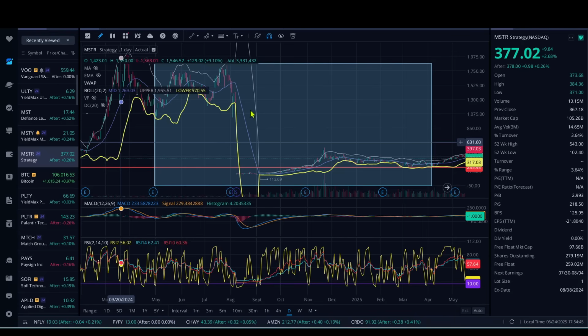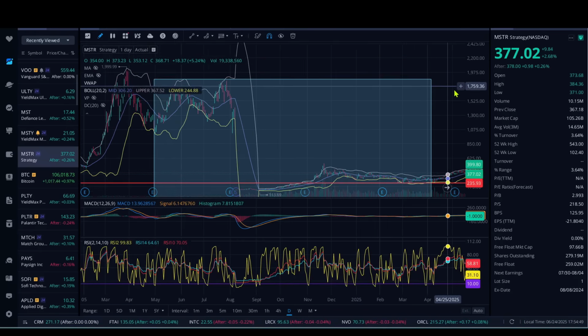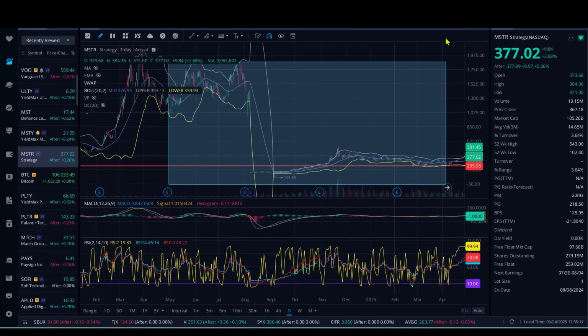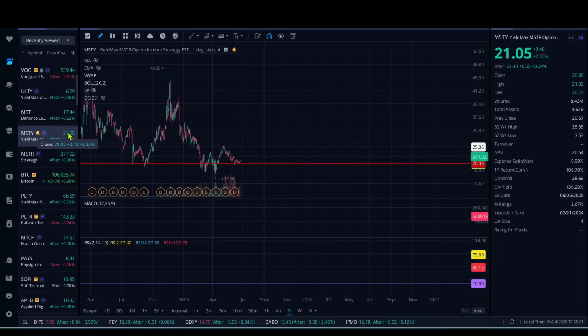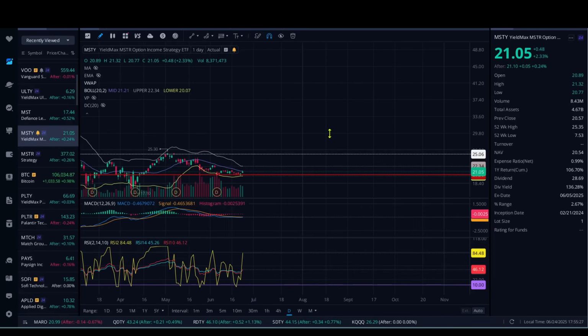So anytime that you're buying and selling or trading in the stock market, whether it's an ETF, a stock, or anything, always make sure that you are taking into account your losses, as nothing is guaranteed. And this goes for MSTY as well, right? And that is the main reason why on MSTY I am looking to gain my initial capital back.